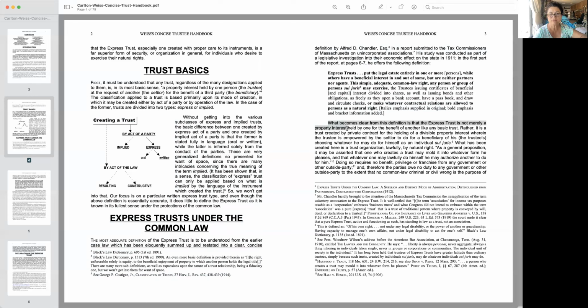What becomes clear from this definition is that the express trust is not merely a property interest held by one for the benefit of another like any basic trust.